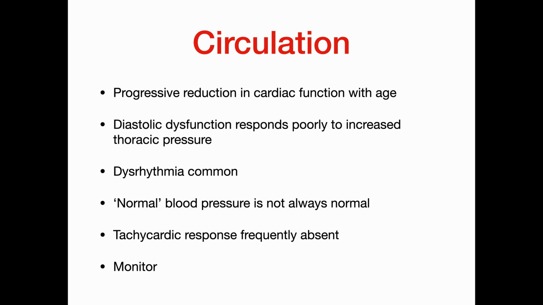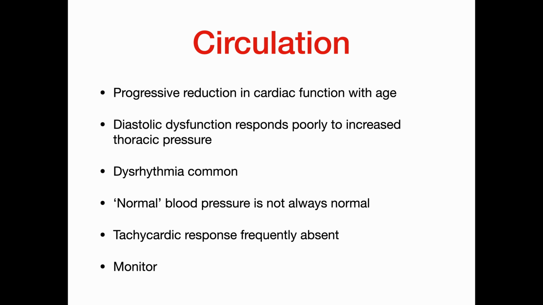Circulation, as we've commented loads and loads of times so far, there is reduced cardiac function with age, and you get this diastolic dysfunction where your heart just is not elastic and doesn't respond to increased thoracic pressure very well. Tend to find that you're more likely to have a dysrhythmia, so your heart may not be able to respond because of antiarrhythmics that are on board.